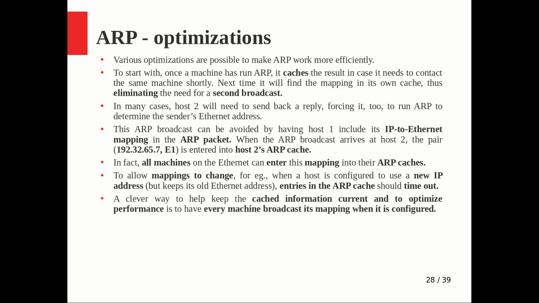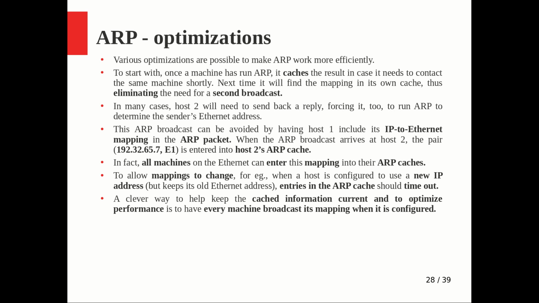So a clever way to help keep the cached information current, that is up to date, and to optimize the performance, of course, something intelligently proposed, is that every machine broadcasts its mapping when it is configured. Whenever the IP address is changed, a new configuration will be there for the machine, right?